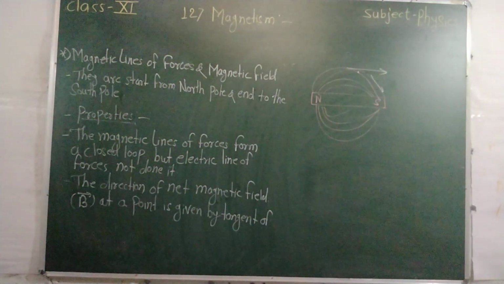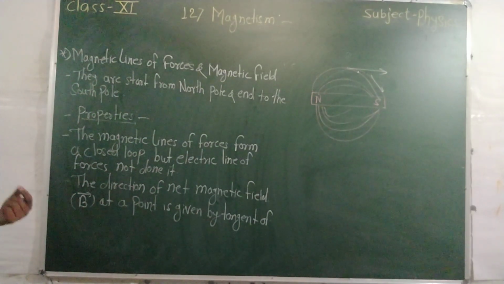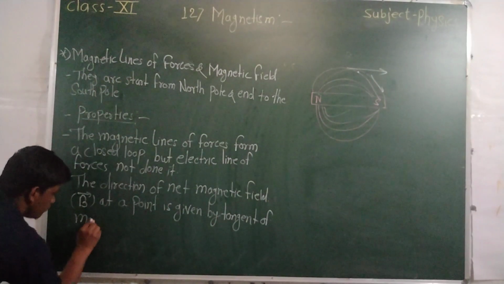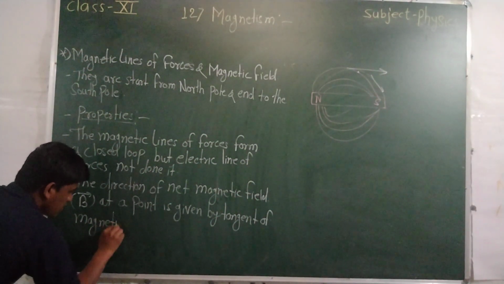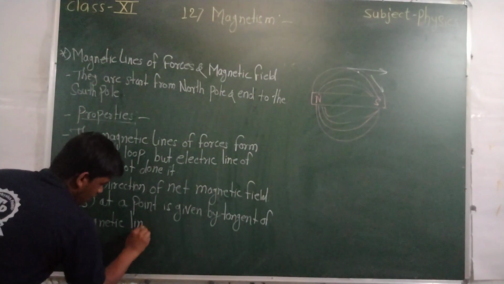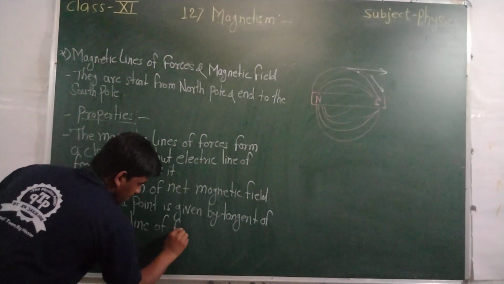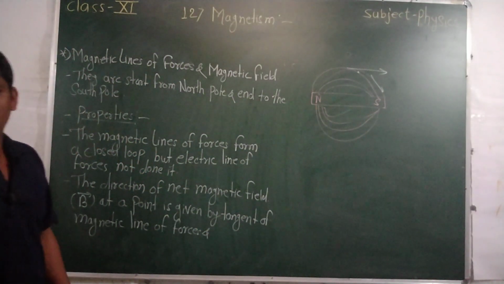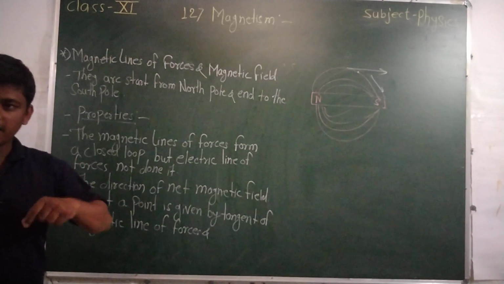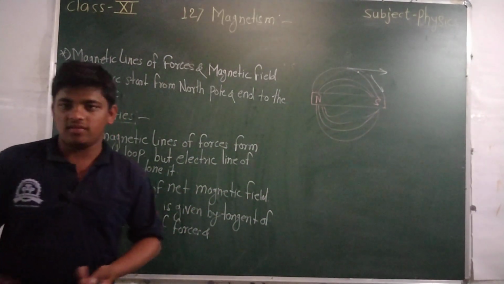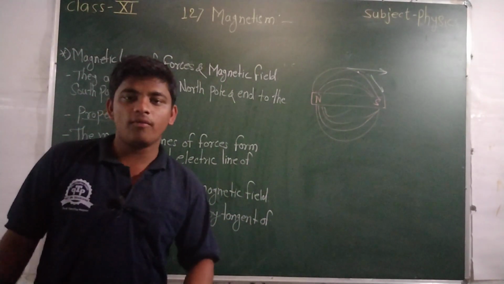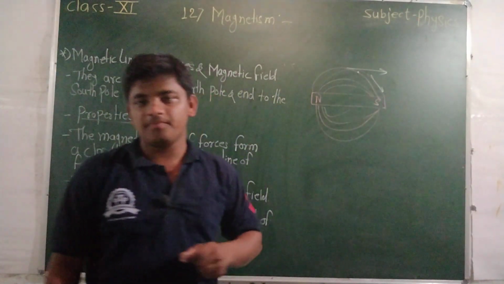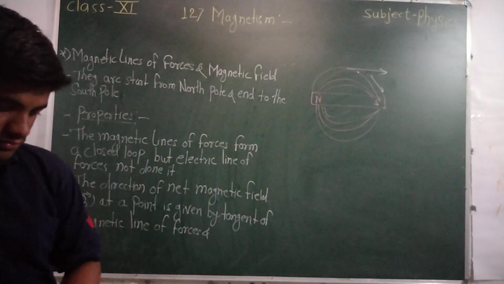The tangent of the magnetic line of forces at a point gives the direction of the lines of forces. The tangent of the forces at that point gives the direction of the line of forces.